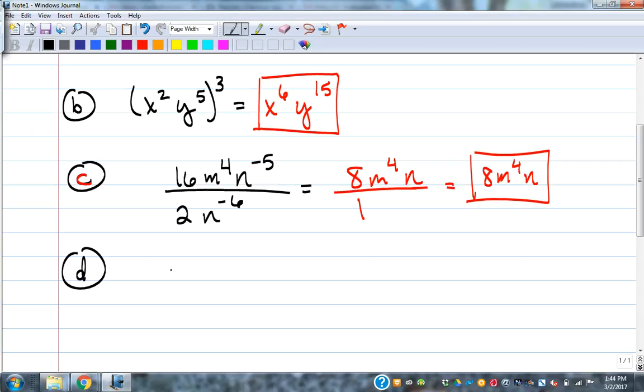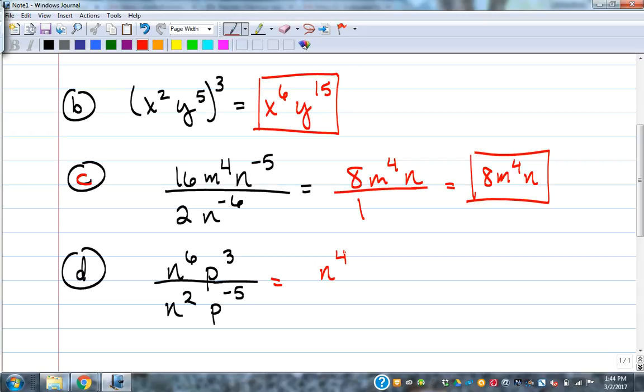So if we had something like n to the 6th times p to the 3rd over n squared p to the negative 5, what's the rule we're going to use? Subtraction. It's division, right? So n to the 6th over n squared, 6 minus 2 would be n to the 4th.